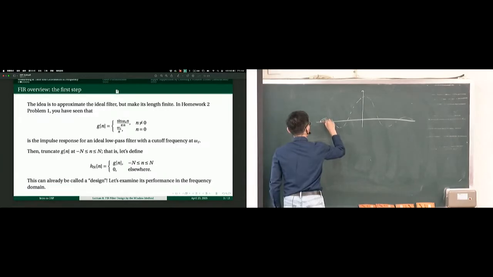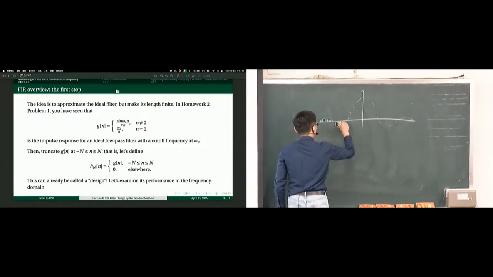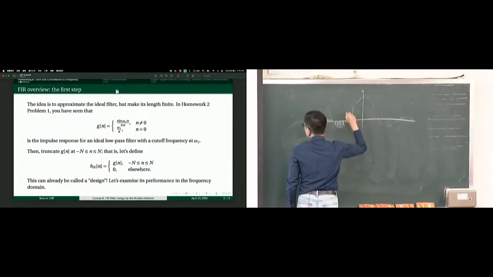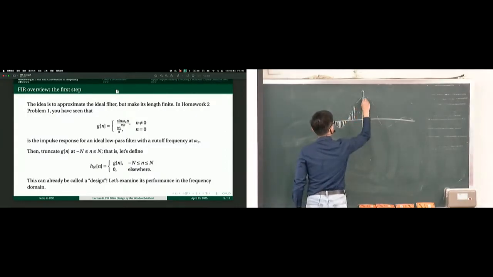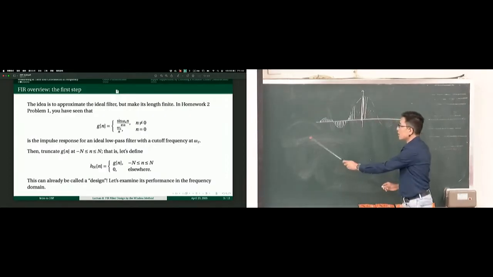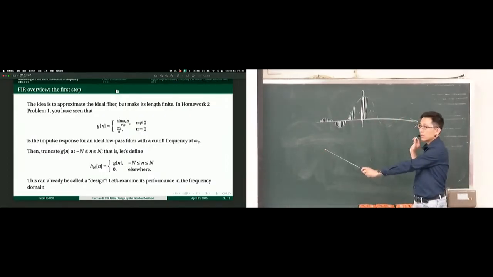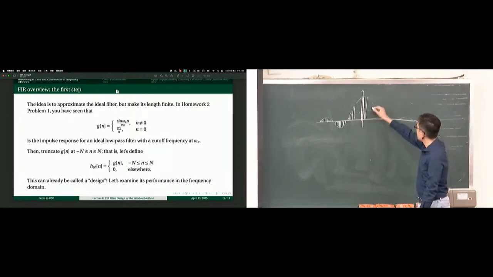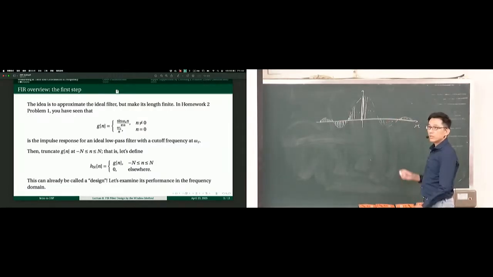It's an evenly symmetric function around time 0, and it also extends to the right and to the left infinitely. It's non-causal and infinitely long, so it cannot be implemented, at least to the best of my knowledge. You would need infinite memory to store the entire waveform.